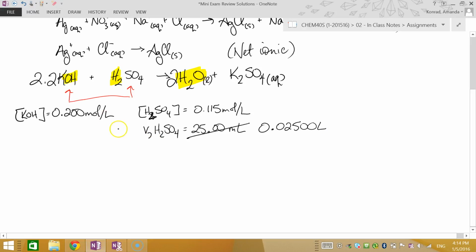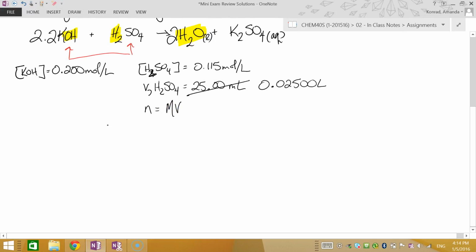Now that I have both the concentration and the volume, I can determine the moles. Moles is concentration times volume. In this case, 0.115 moles per liter and 0.02500 liters.